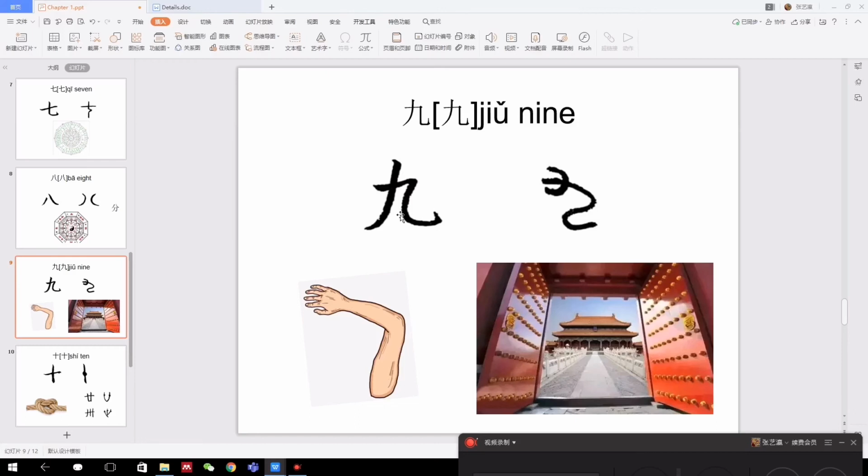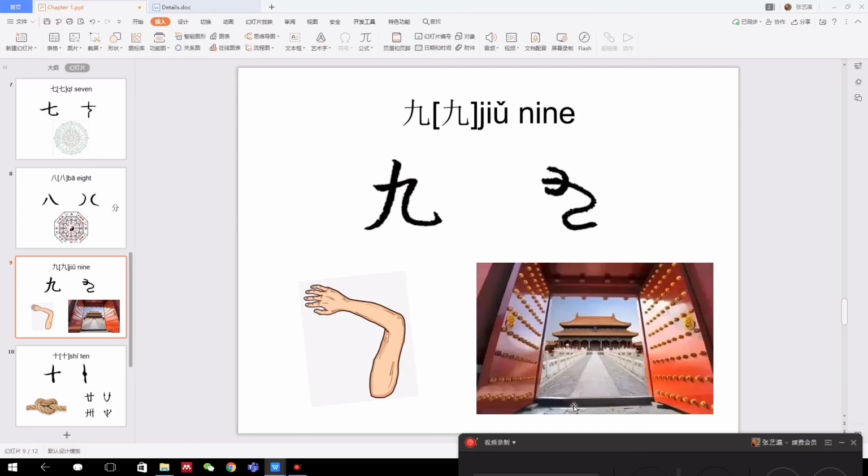And this is the reason why the royal palace, Forbidden City, has decorative nails on the door. They have 9 rows, and every row they have 9 nails.